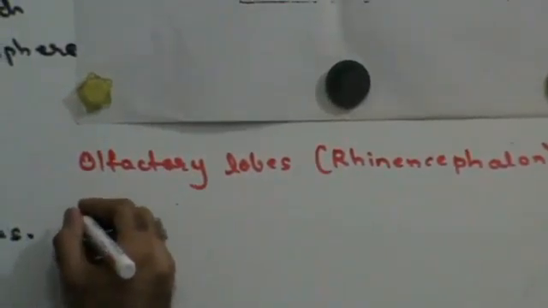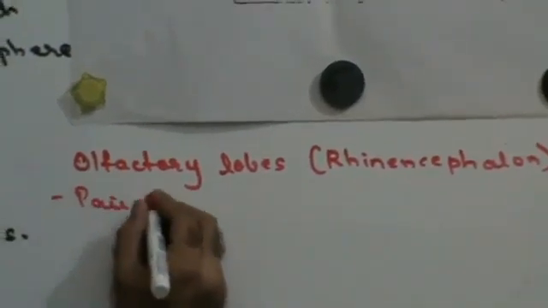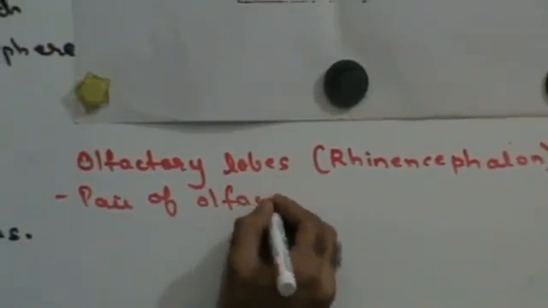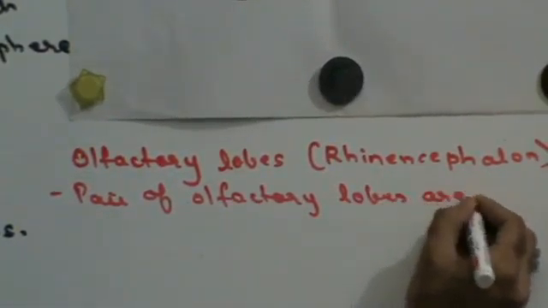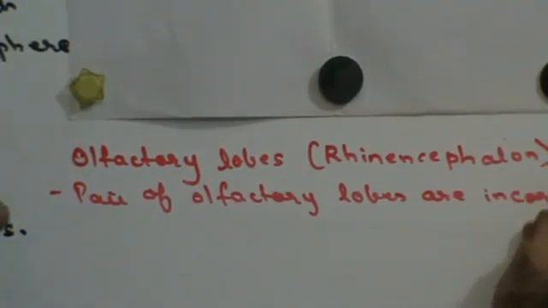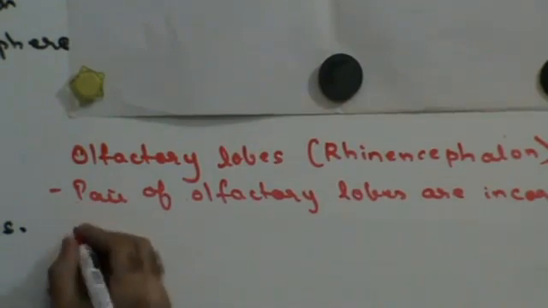Now, the pair of olfactory lobes are incorporated with the cerebrum on the ventral side.